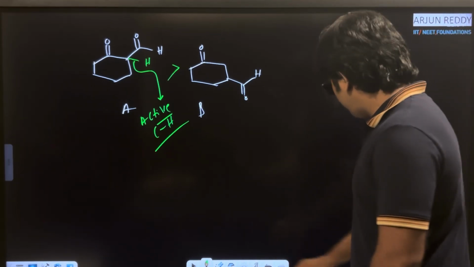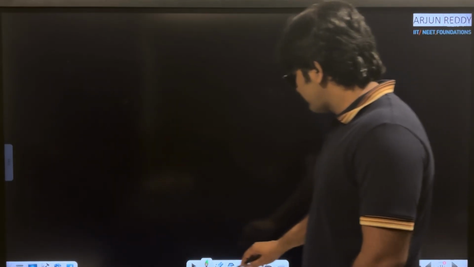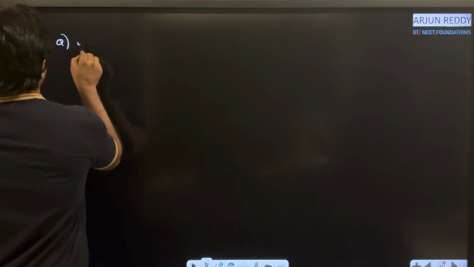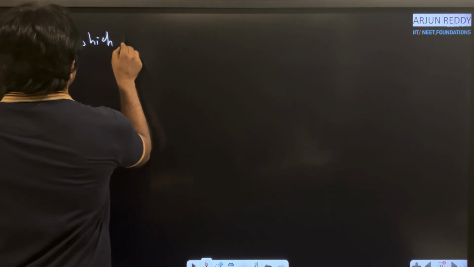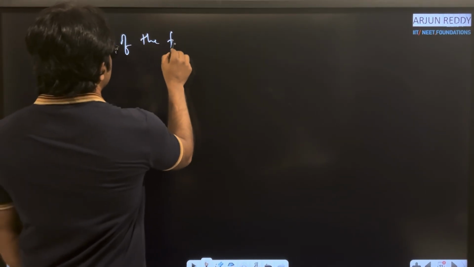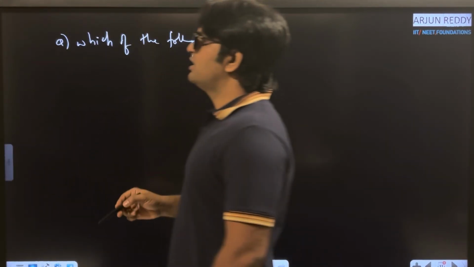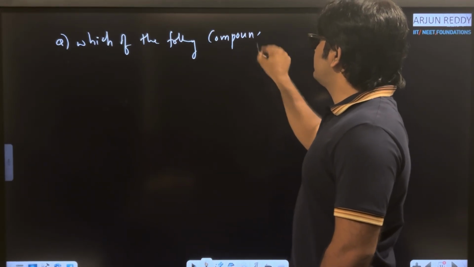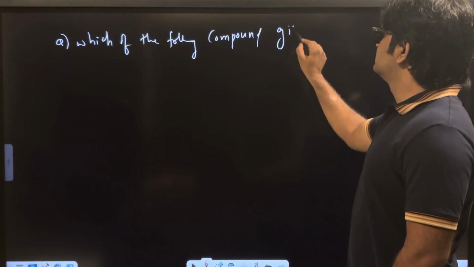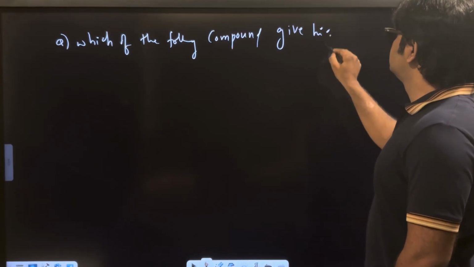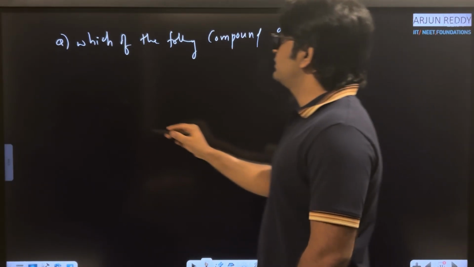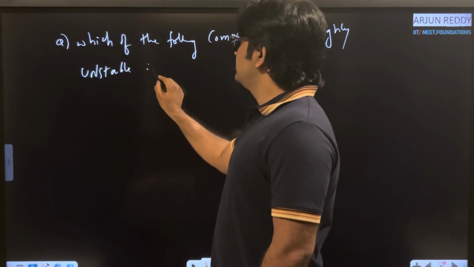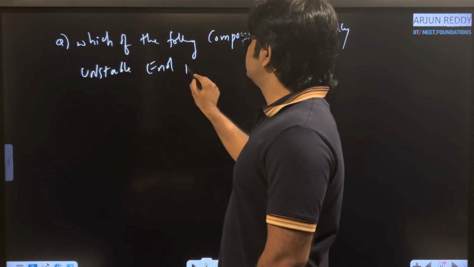Here, write one simple question. Question is, which of the following compound gives highly unstable enol form?